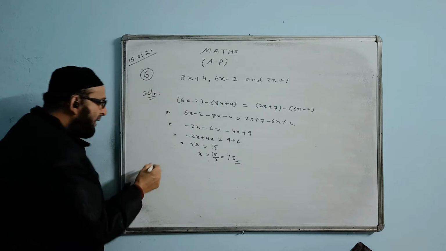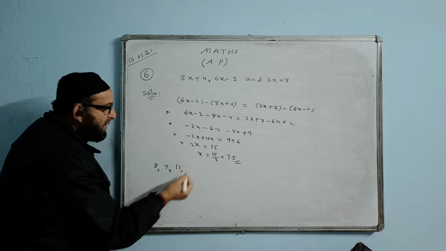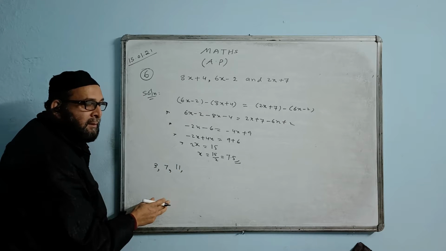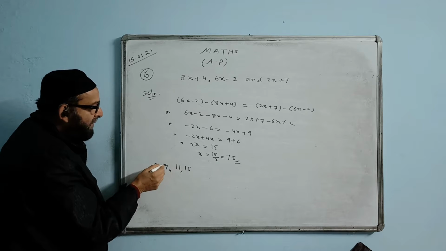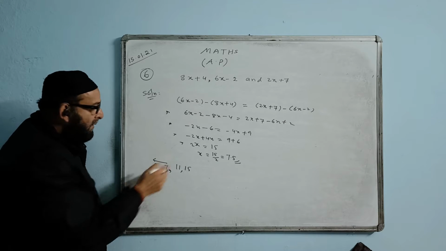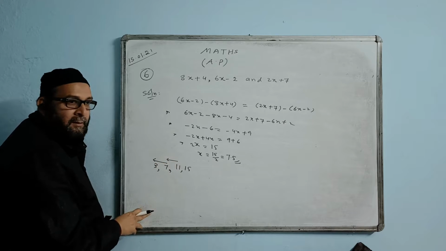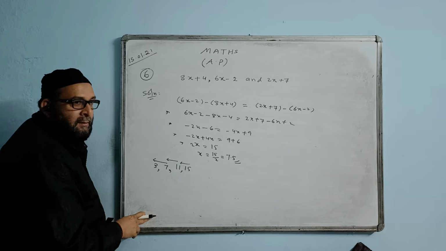Okay, wait. Suppose I write some numbers like this: 3, 7, 11. What is the next number? Tell me. 15. Difference between these two, 7 minus 3, what is the answer? 11 minus 7, what is the answer? 15 minus 11, what is the answer?